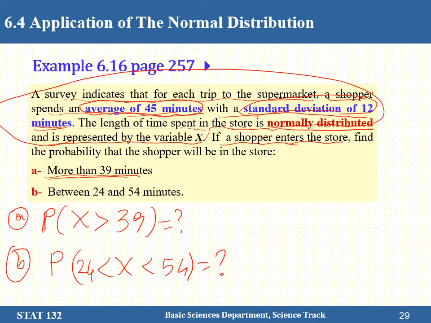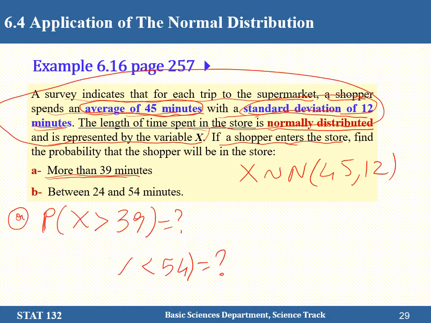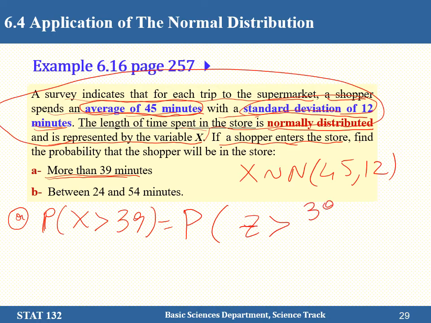So what we know about X is that X has a normal distribution with mean 45 and standard deviation 12. Since it's normally distributed, we can change it to Z. Let's remember Z is equal to x minus mu divided by sigma.